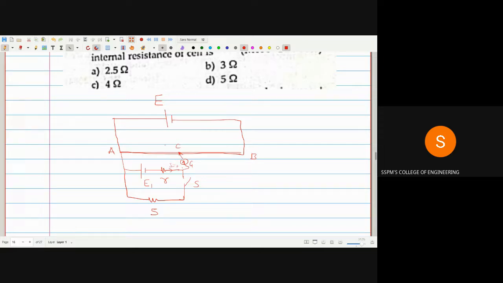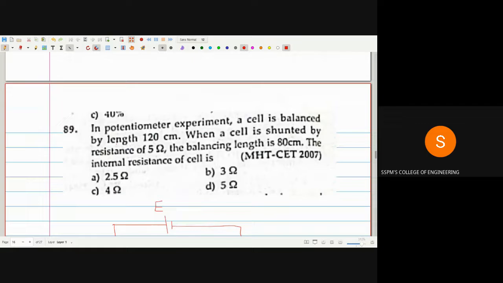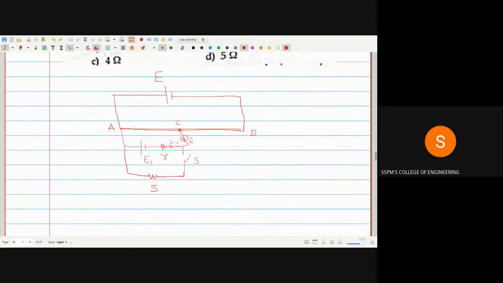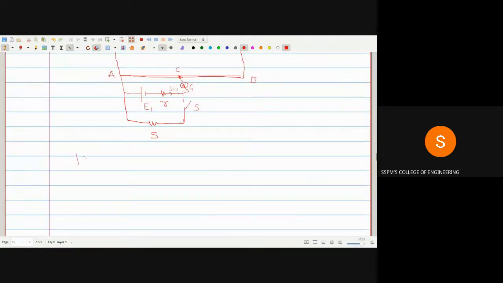आणि what is the length of AC? द लेंथ ऑफ AC किती आहे फर्स्ट केस मध्ये? द लेंथ AC इज 120 सेंटीमीटर आहे. बघा लेंथ किती आहे? 120 सेंटीमीटर. आता potential across AB, let's consider capital V, and the length of AB is L. The potential gradient is V by L. आता याला काय करायचं? तुम्ही मल्टिप्लाय बाय पोटेन्शियल ग्रेडियंट करायचं, where V is a potential across AB, and L is a length.